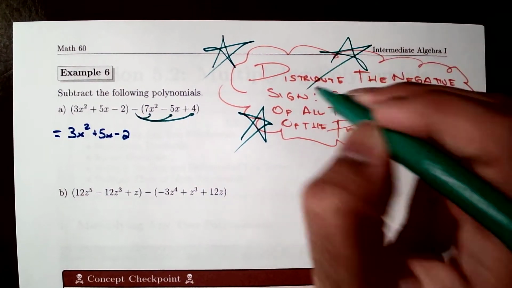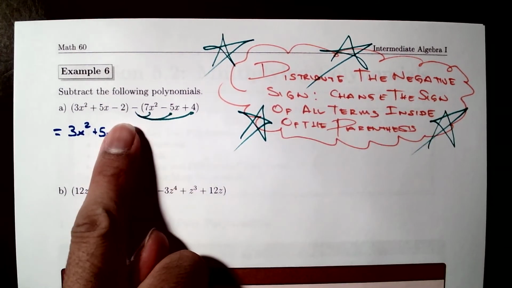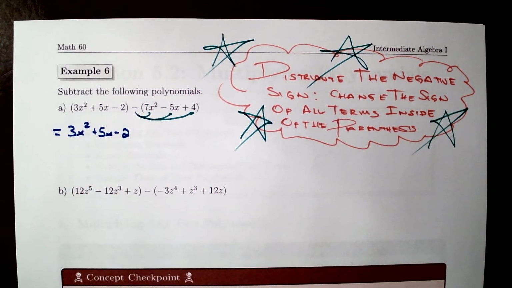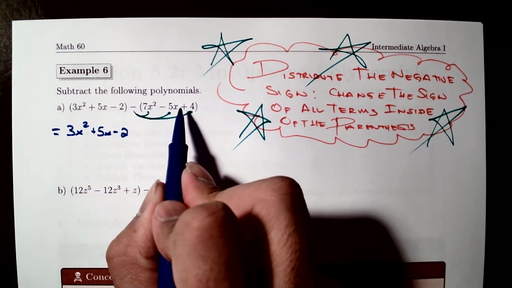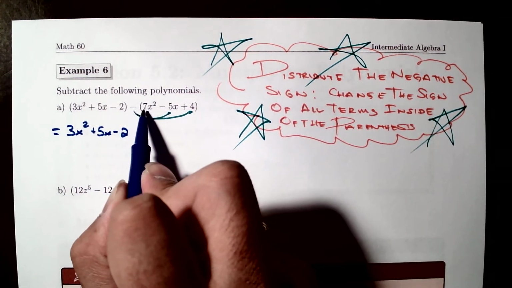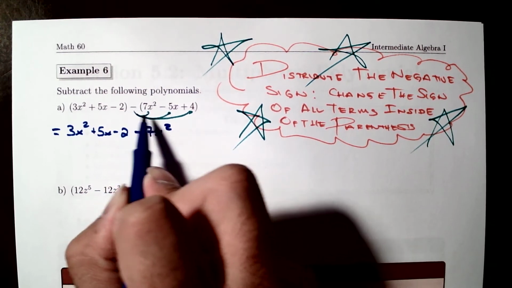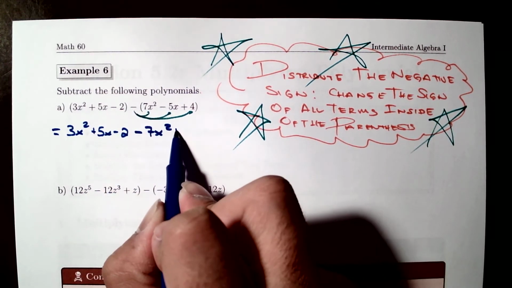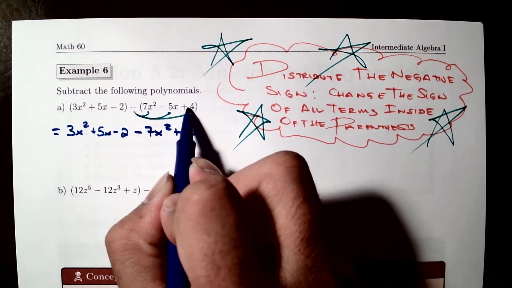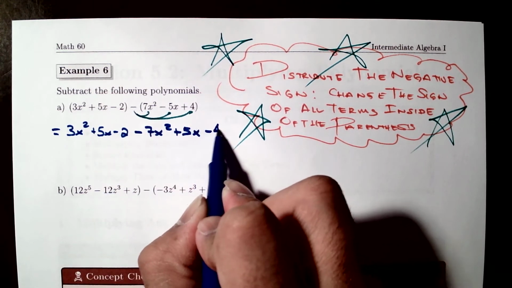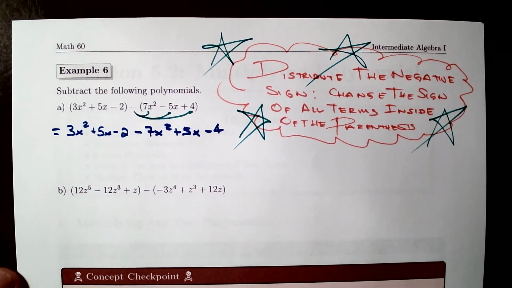Okay, distribute the negative sign. When you do that, basically all terms that we have inside of the parentheses change sign. So this positive 7x squared becomes negative 7x squared. This negative changes to positive 5x, and this positive 4 becomes a negative 4. And then from there, we're ready to keep going.